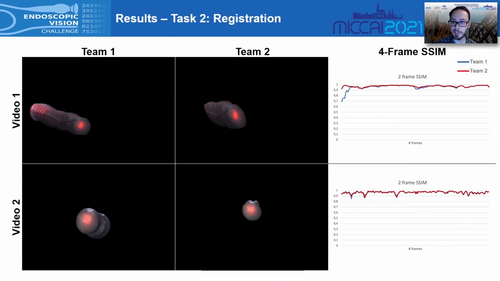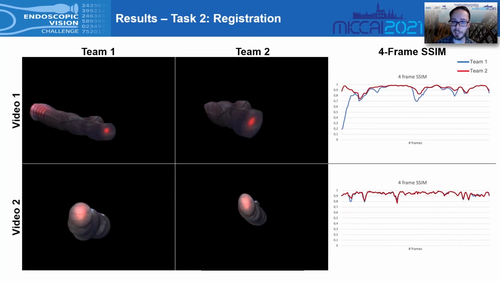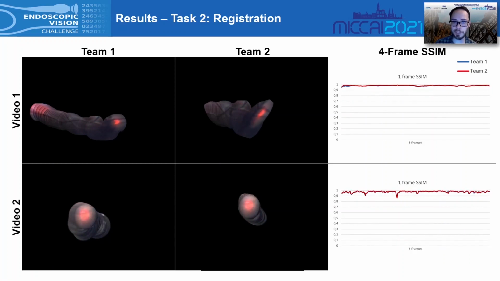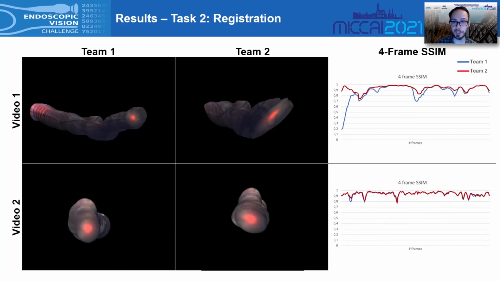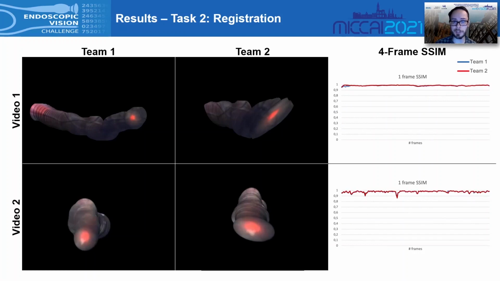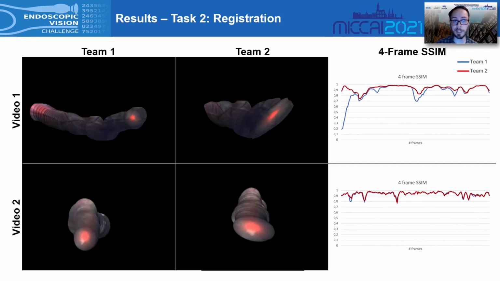If we look at results from video 1 and video 2, we see that the different teams have different strategies to perform registration. While Team 1 favors a translation registration with very few degrees of freedom, Team 2 performs an affine registration with more degrees of freedom. This means that Team 2 is able to deal with perspective warpings, while Team 1 is not able to deal with any perspective changes, and sometimes overestimates translation to compensate for this fact.